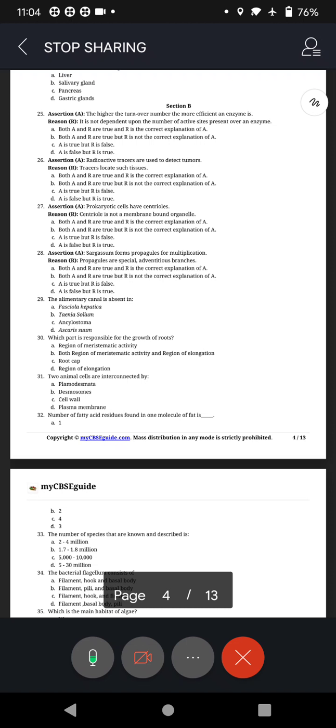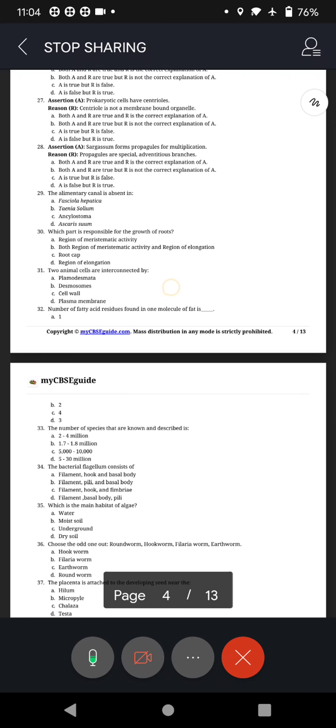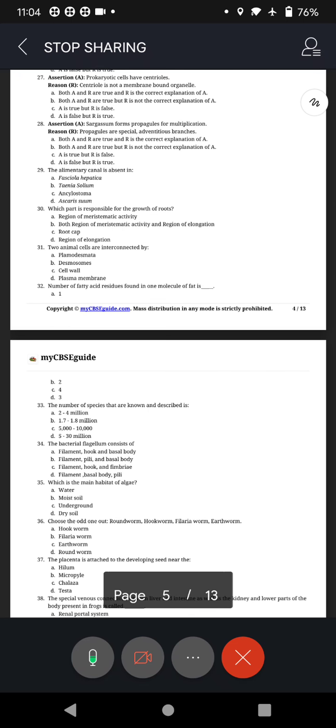Next, 32. Answer is D. 3. Fat consists of molecules of fatty acids and molecule of glycerin. Each molecule of fat contains 3 molecules of fatty acid and 1 molecule of glycerin. So answer is D.